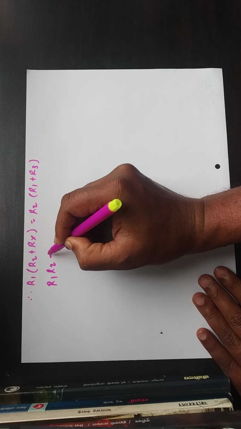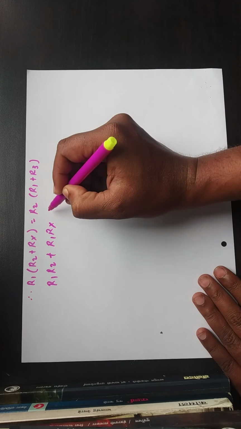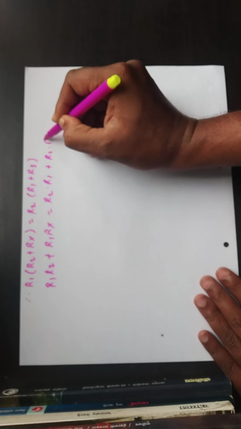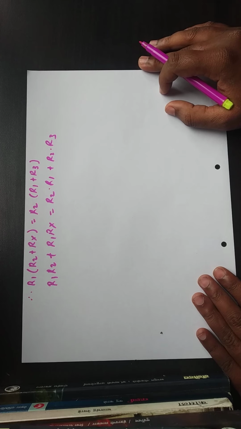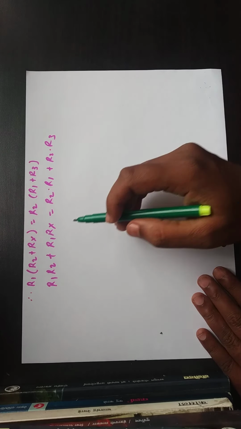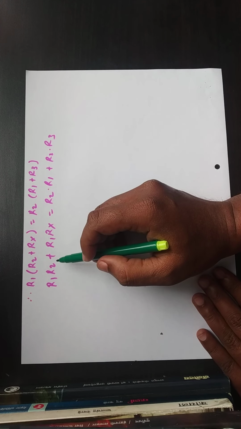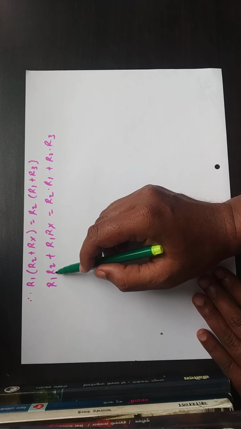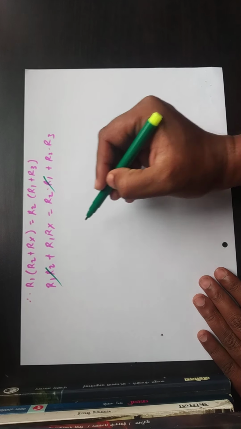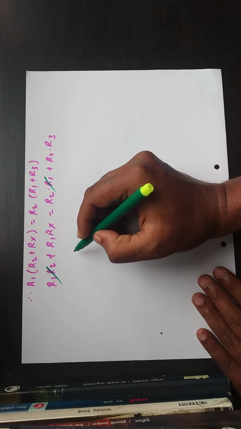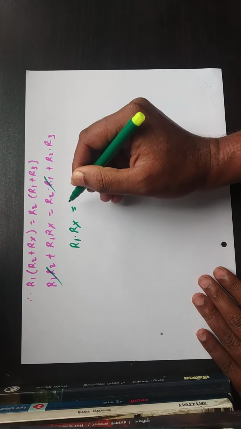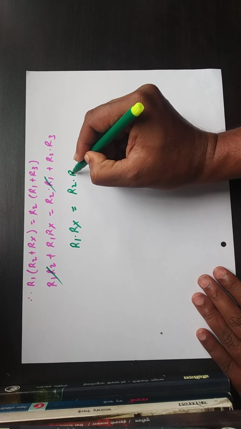R1 R2 plus R1 Rx is equal to R2 R1 plus R2 R3. And because R1 R2 is similarly also here, as R2 R1, we can cancel this out. So at the end we get R1 Rx is equal to R2 into R3.